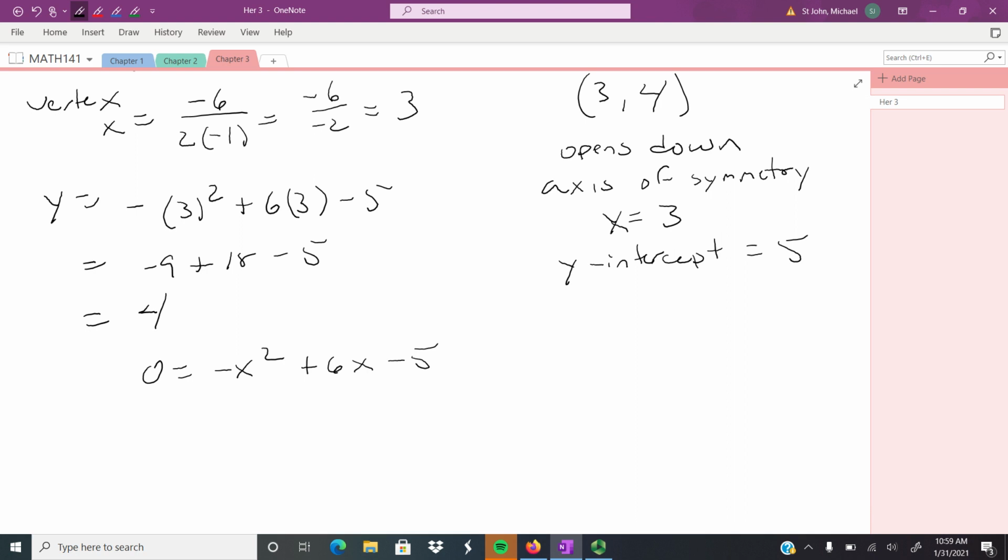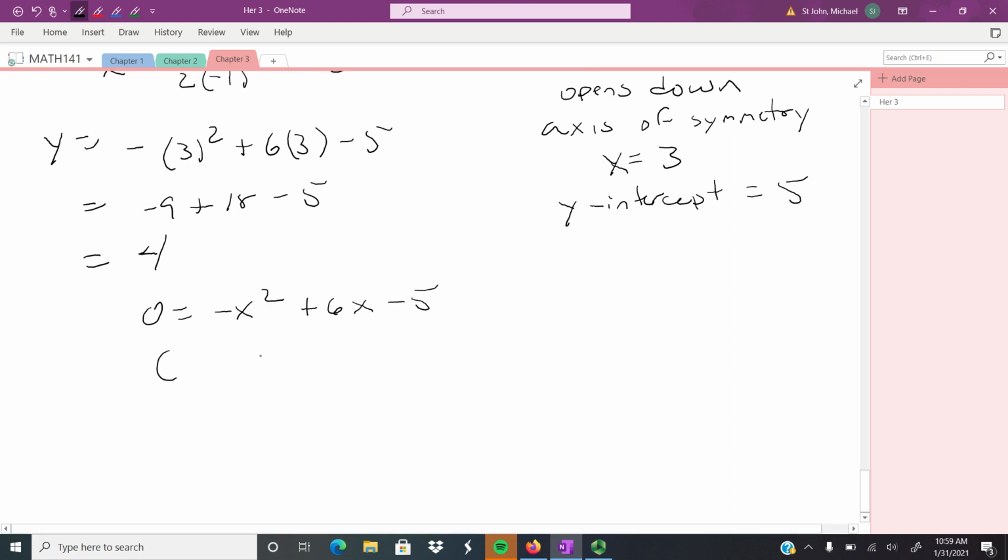And so we want to factor this. We're going to get negative x and x, and then a minus 5 and a minus 1, and that equals 0.